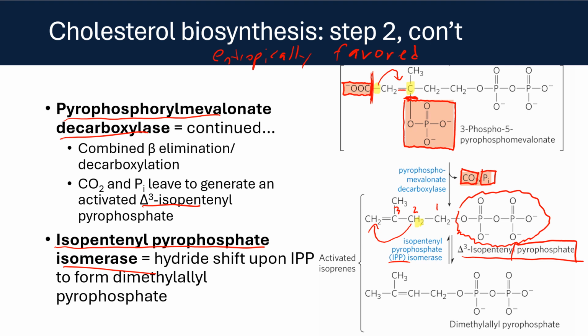And in doing so, that's going to reposition the double bond to go over there, turning IPP into the next intermediate called dimethylallyl pyrophosphate. We sometimes call this DMAPP for short.